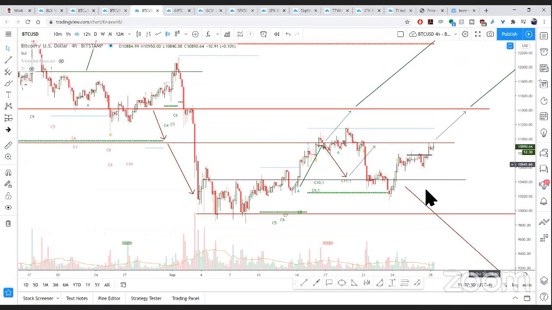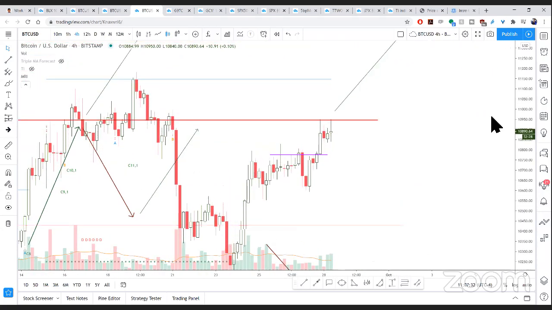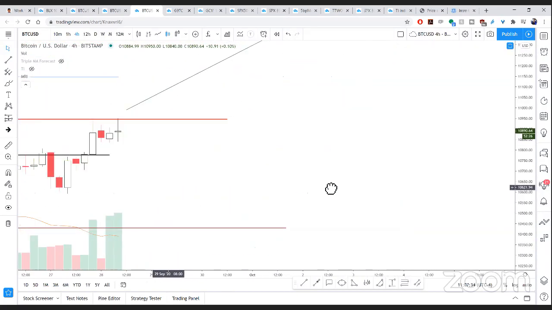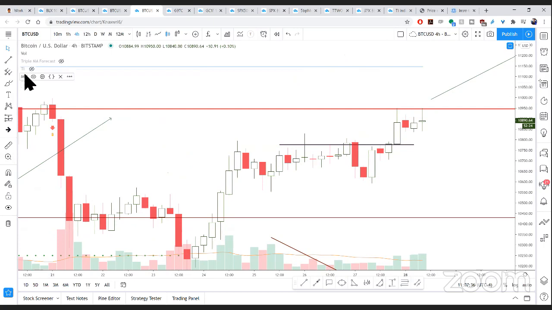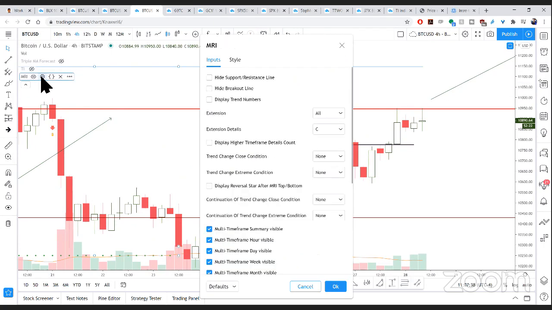I'll start with the 4 hour and I'll drill down. It's a good question. So here's the 4 hour. MRI is not showing you anything, but we can add the stars in. This is new functionality, guys. I'd have to explain it.